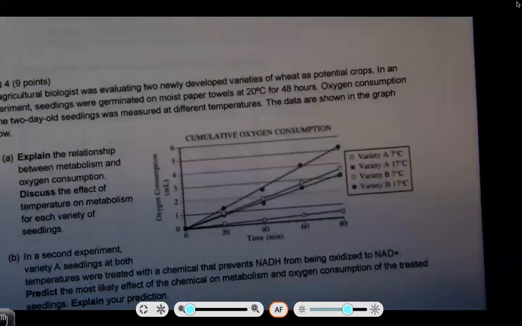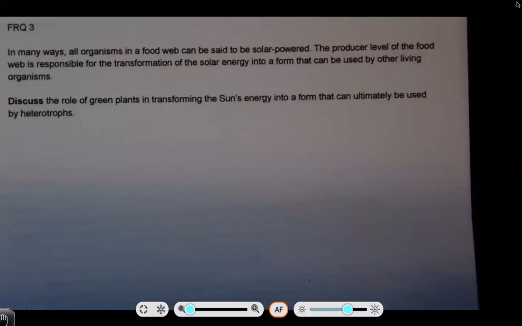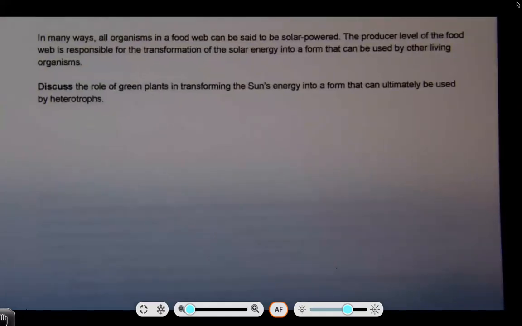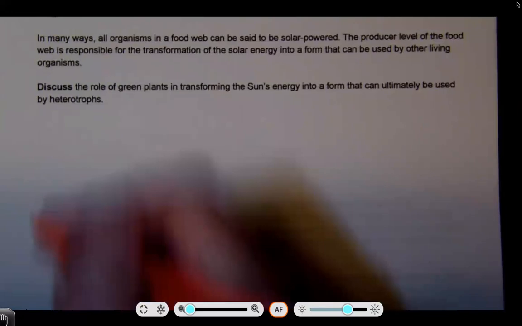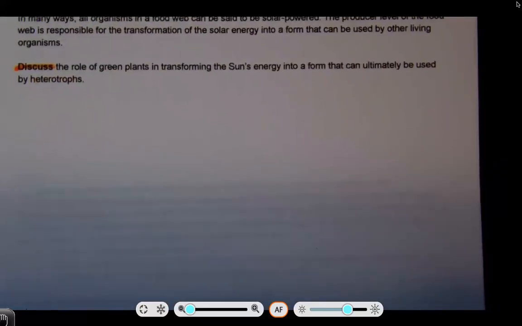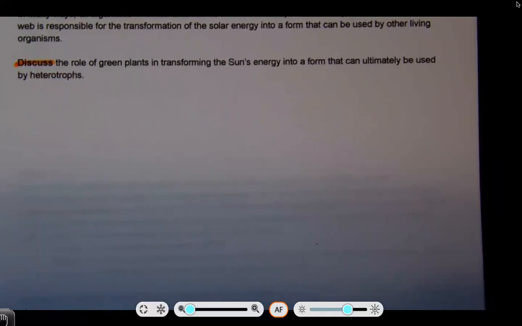Now, for FRQ3, again, this is one of those, hey, do you know a whole bunch of information about this one particular thing? And we don't really need to worry about this FRQ in terms of doing it for review for the test. However, it is a great review of the actual content itself, in which you discuss the role of green plants in transforming the sun's energy into a form that can ultimately be used by heterotrophs.